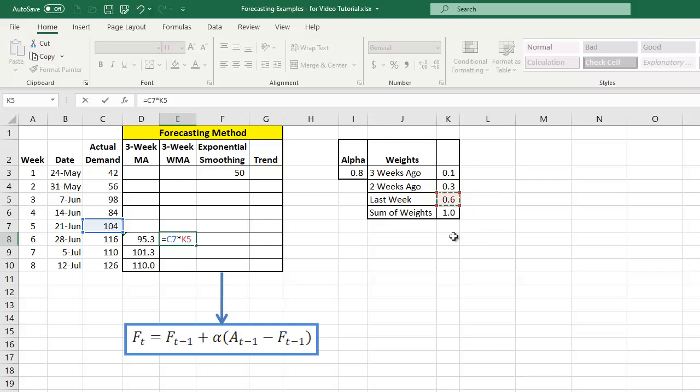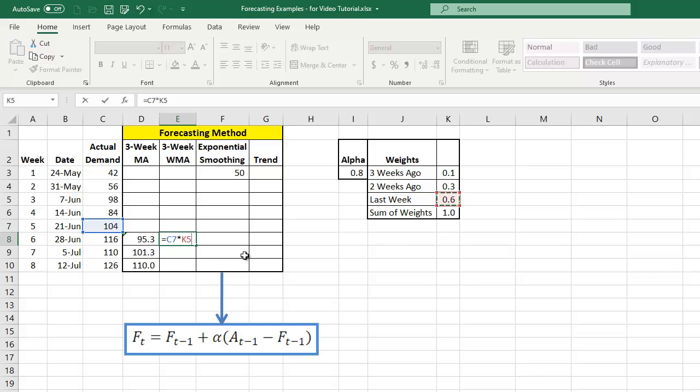The rationale is that data from the more recent time period, last week, is more reflective of what we think the actual demand is going to be. So that's why we have higher weights for more recent periods, but we don't want to completely exclude those further back weeks, and so we're including them, but with lesser weight.